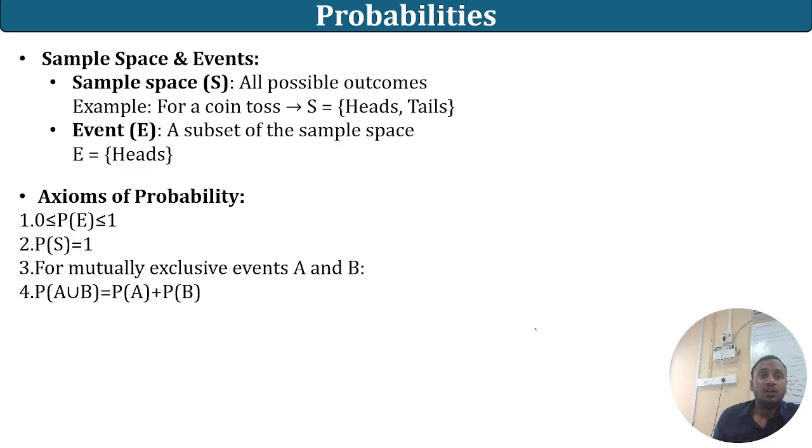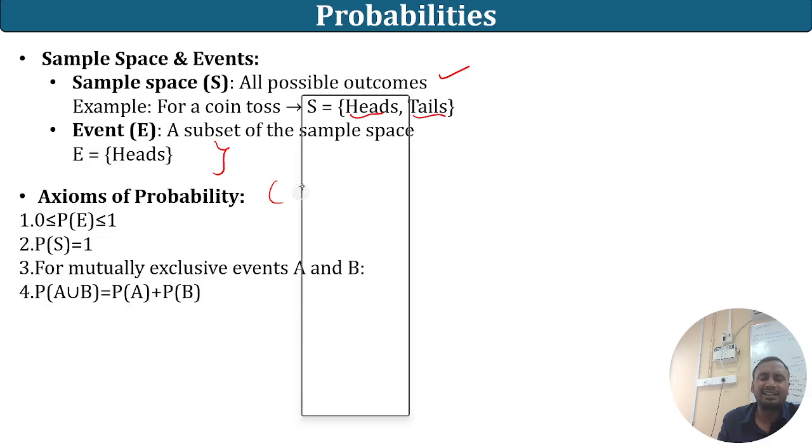Okay. So now we'll come to some sample space, all possible outcomes. For a coin tossed twice, we are going to take heads and tails. Event E is a subset of the sample space, say E is head. Then the axioms of probability, or maybe we can say some rules or foundation rules.